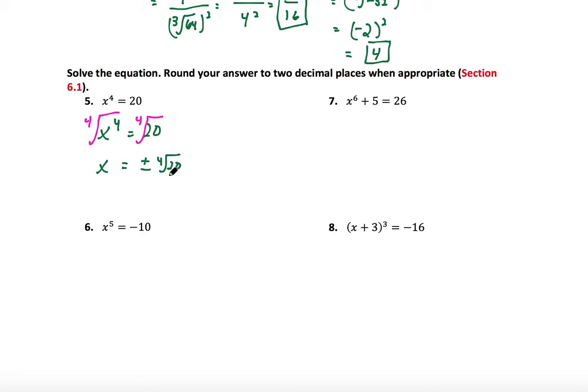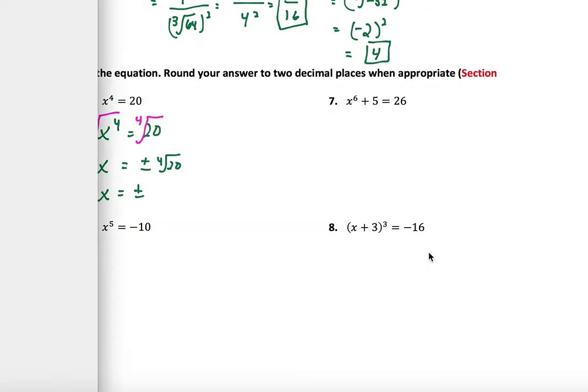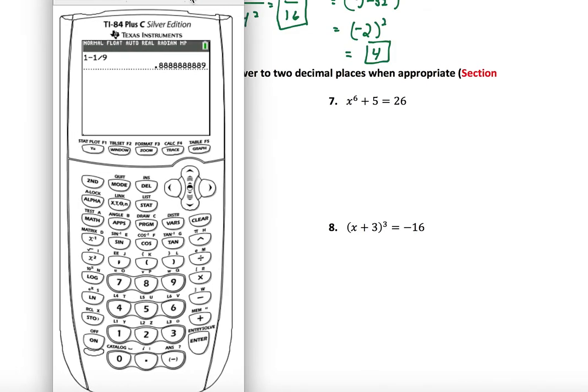Now at this point, there's not really a 4th root of 20, so we're going to use our calculator. So we have x equals plus or minus, and then I'm just going to pull my calculator out and do the 4th root of 20. All right, so let's pull this over here.